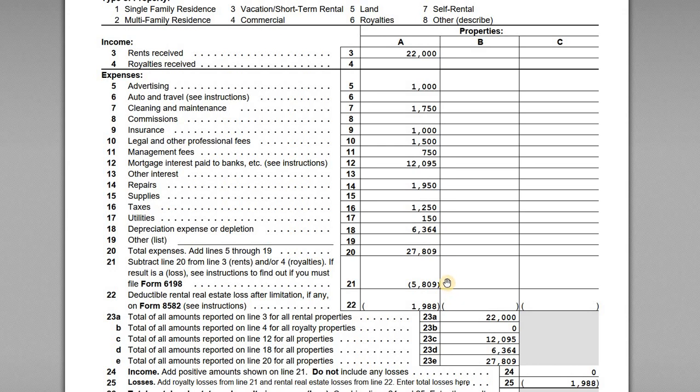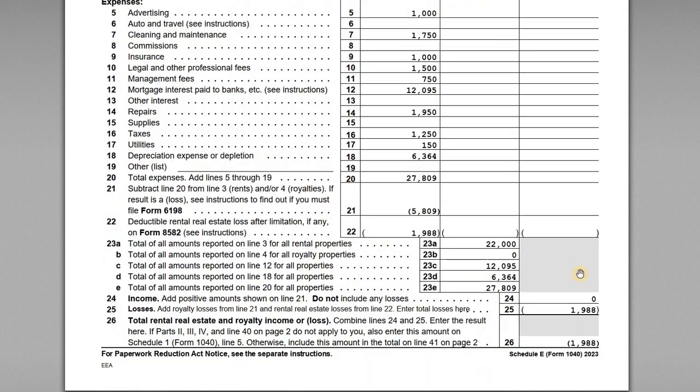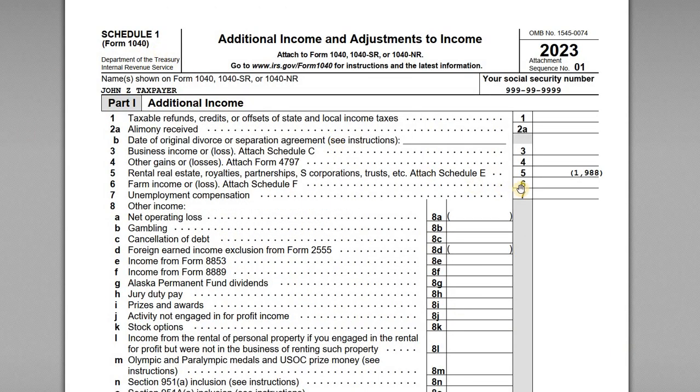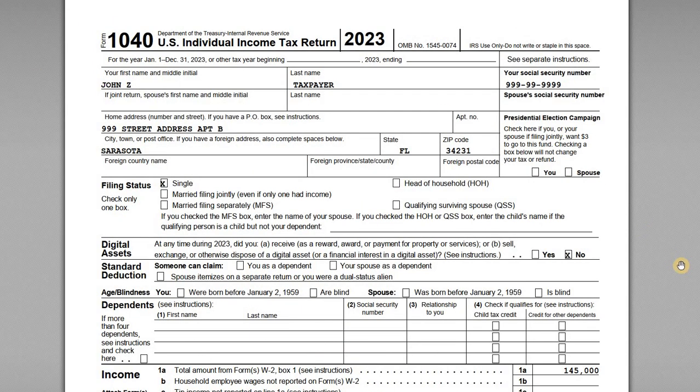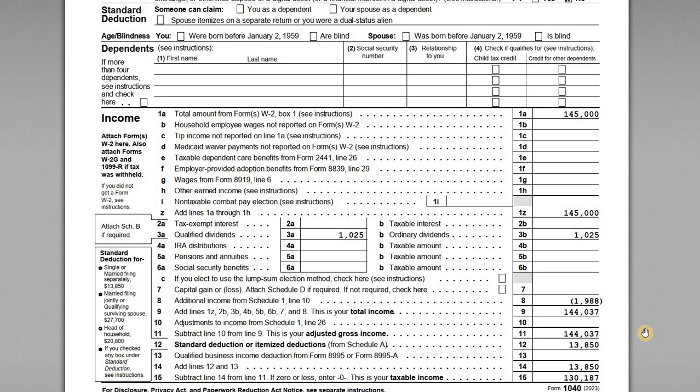So we've got our $5,809 was the total loss. $1,988 is a loss that we're allowed to claim under the active participation test and after factoring in the reduction because of our modified AGI. And so the total loss that we're going to be able to claim on the rental property for the current period, $1,988. So the $1,988 ultimately reported up here on Schedule 1, $1,988, and then that'll flow up to page 1 of the 1040 on line 8.